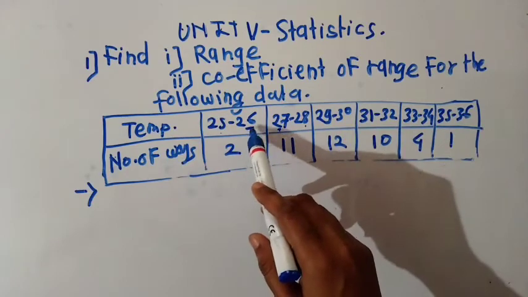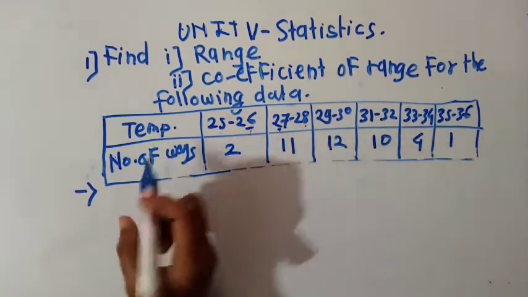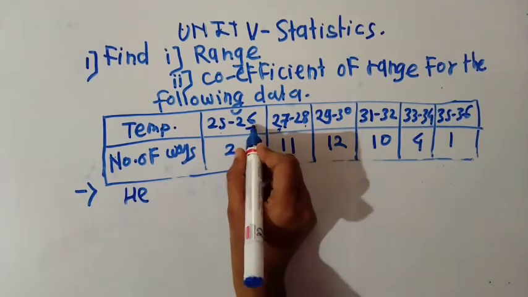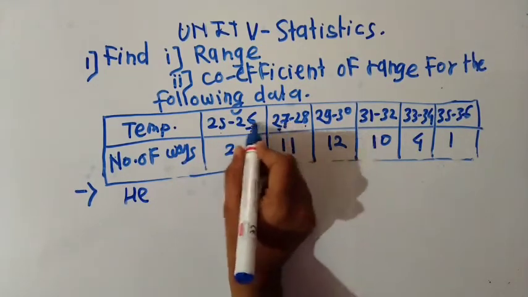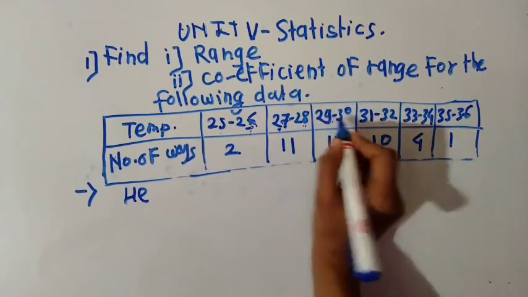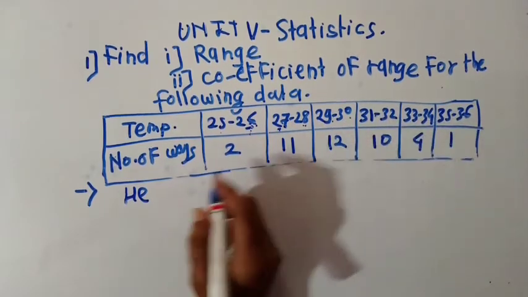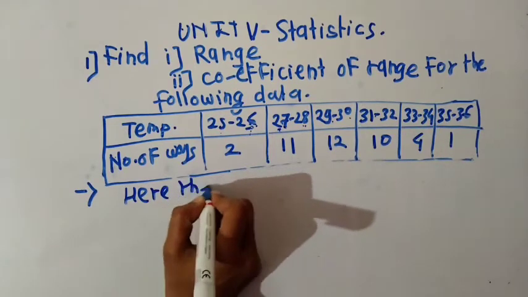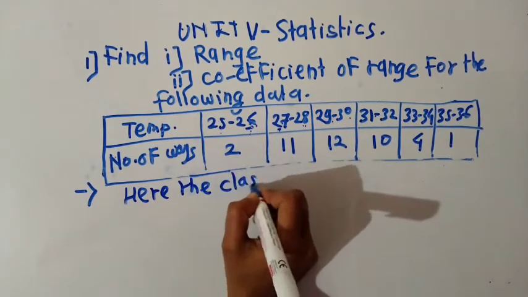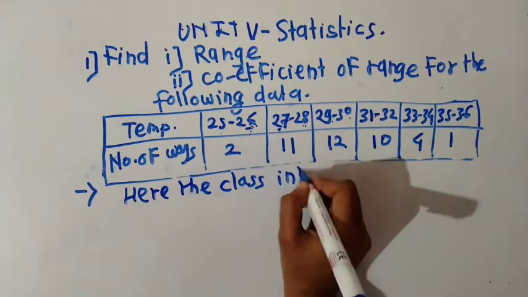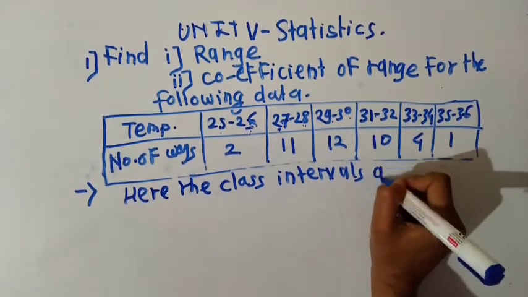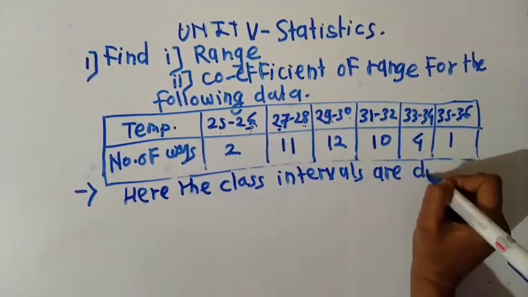So this data is discontinuous because these are different values. Then here the class intervals are discontinuous.